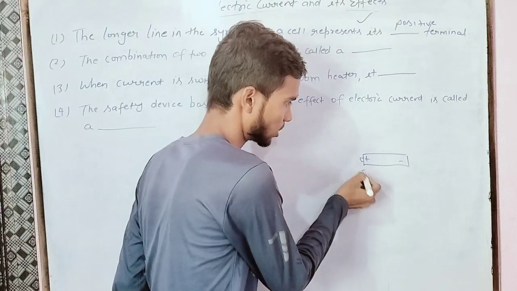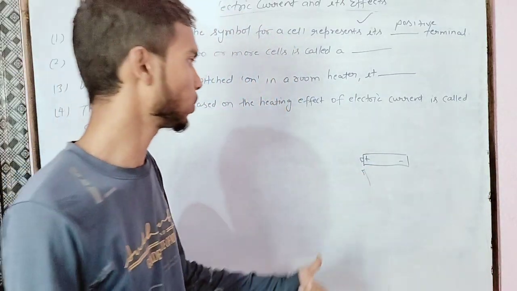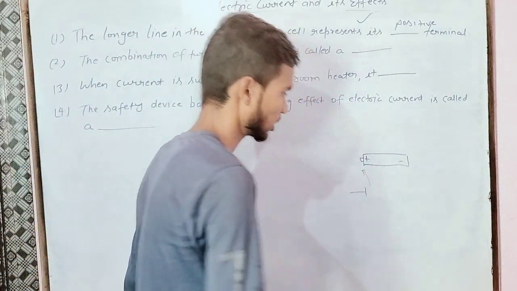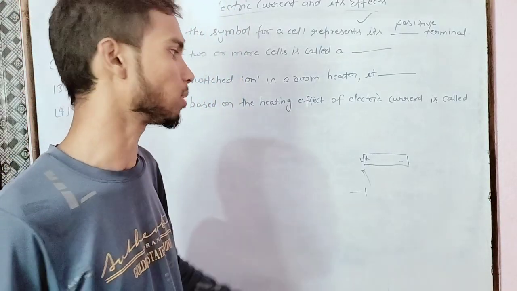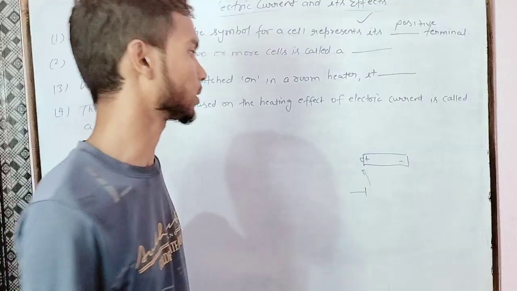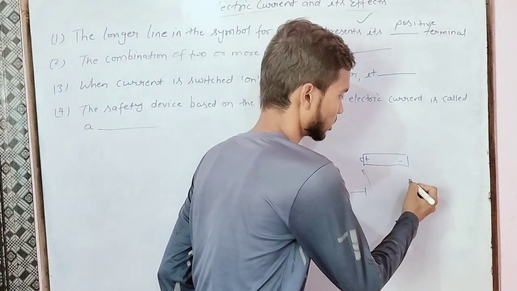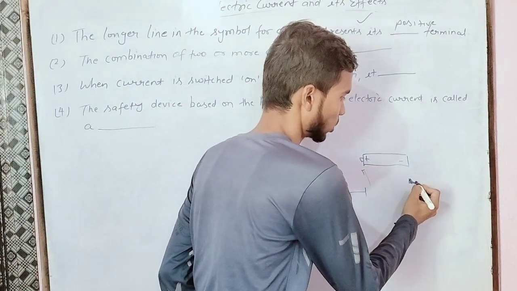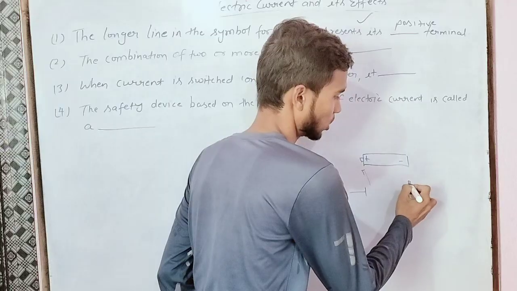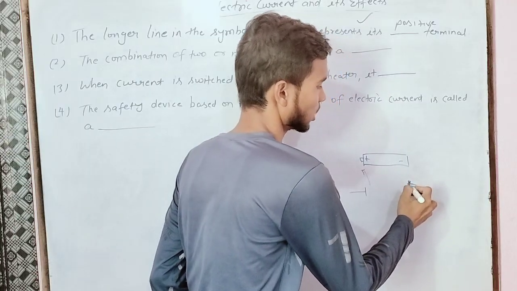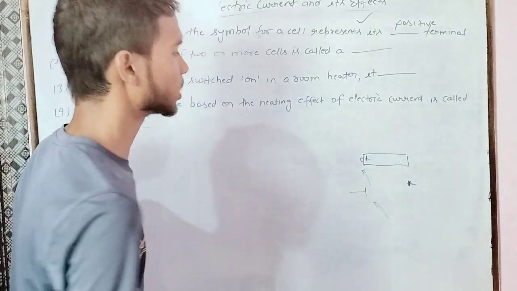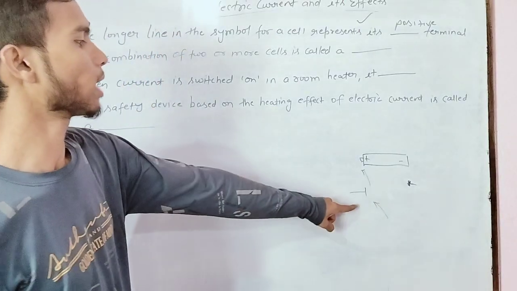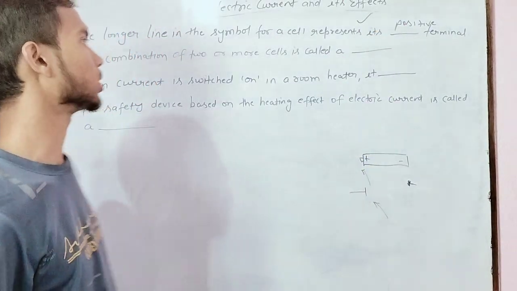Here, this is the sign we will understand from this symbol. This is a longer line and this is a thin but short line. So this is the positive terminal, which is the longer line. That's why we have written here the words positive terminal.